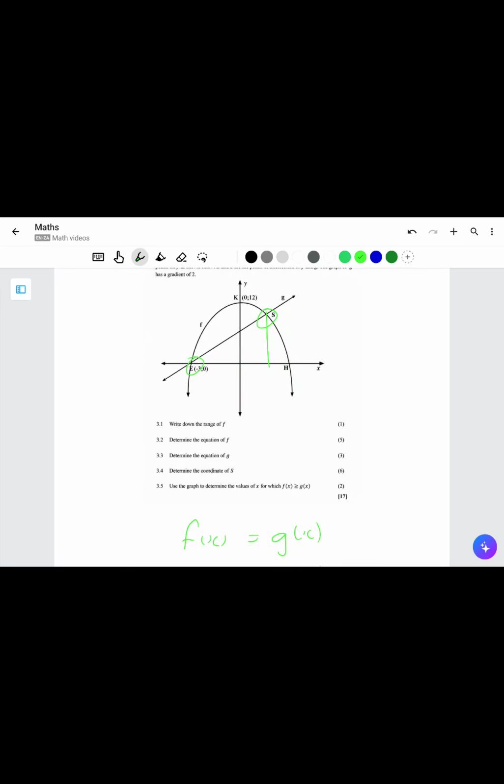So this must be a positive x value. Whatever S is going to be, x has to be positive. Remember, you have x and y here. Quite clearly you can see your y value is also going to be positive.